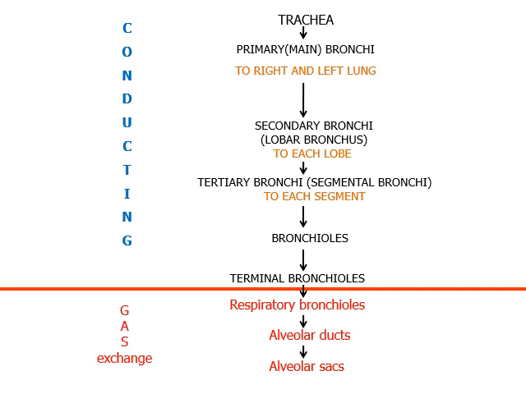Okay, so most of the respiratory tract that you can see, the gross thing, are generally involved in conducting the air into the lungs. Okay, so that is the conductive system. So the conductive system consists of the trachea, primary or main bronchi, going to the right and left lungs, then the secondary bronchi or the lobar bronchi going into each lobe, then the tertiary bronchi or the segmental bronchi going into each of the segments.